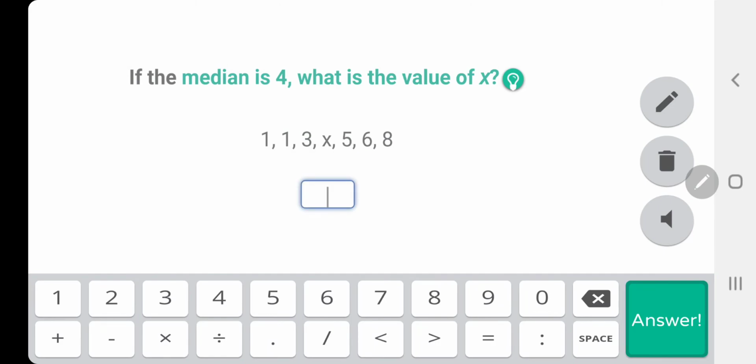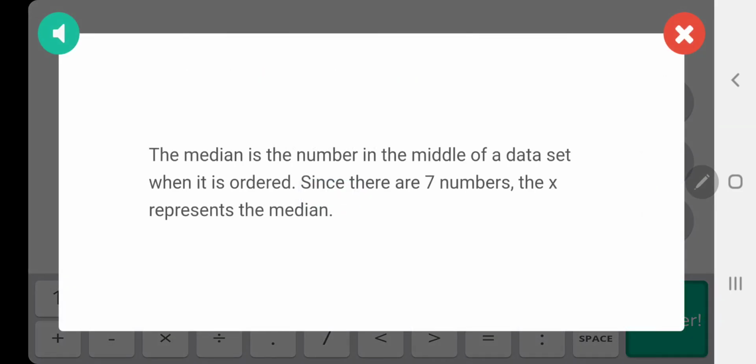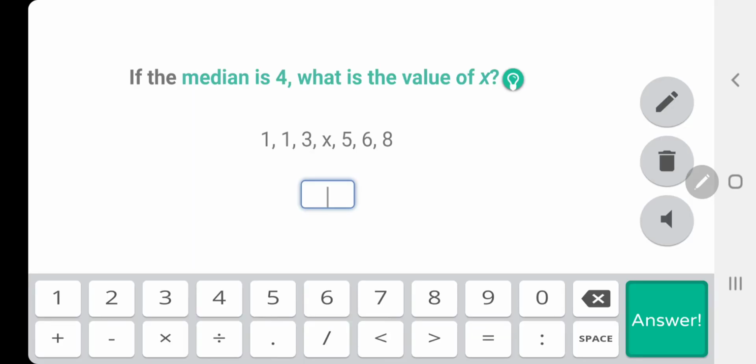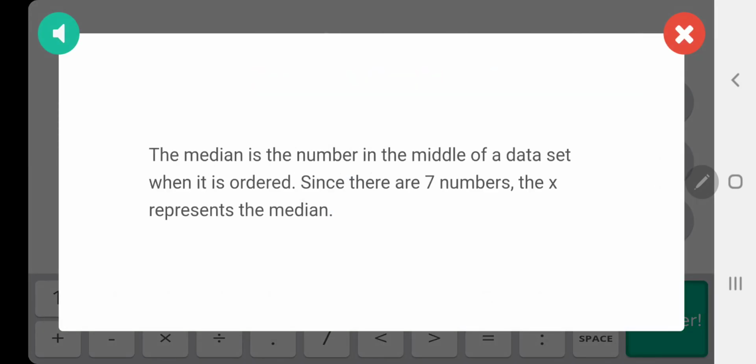Like, it's fun. So now it's gonna say the median is 4. So it will say the median is the number, blah blah blah. And 7 is the number, then blah blah blah. So it will be 113, and we want to represent this. When you sort this, there are 7 numbers. We represent the median.